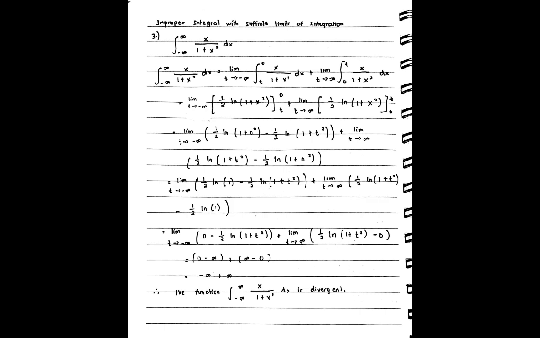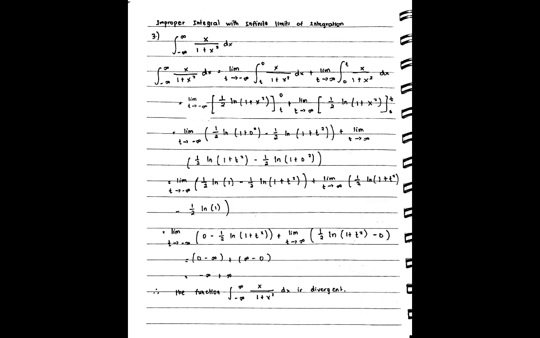We have 1/2 ln(1 plus x squared), with the boundary t to 0, plus the limit as t approaches infinity, to the right. We have 1/2 ln(1 plus x squared), with our boundary 0 to t.